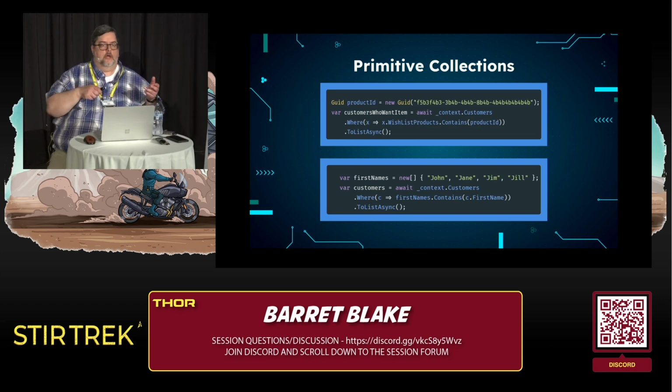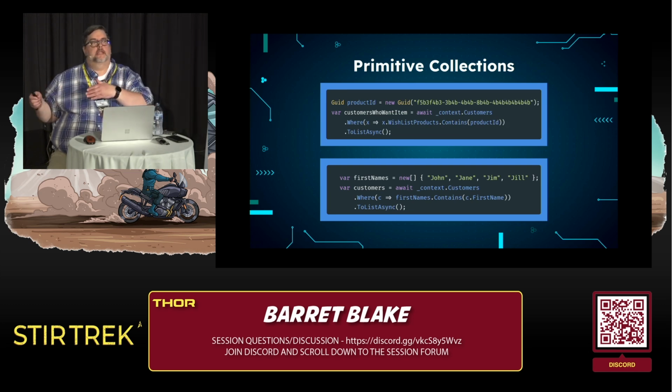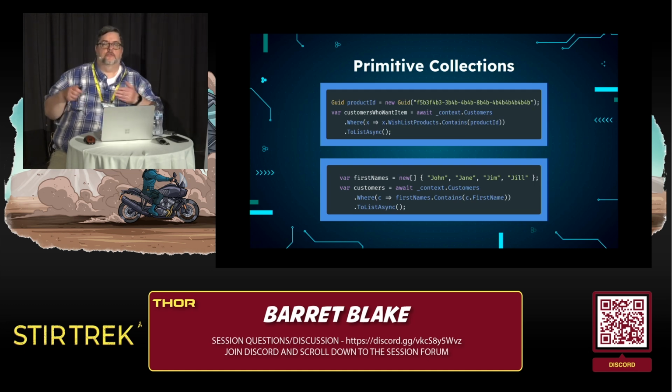So it'll say, where first name in, and list out John, Jane, Jim, Jill. And because of that, if that list of names changes when you're making that query against SQL Server, it doesn't take advantage of cached query plans on the SQL Server side or on the other databases' side.